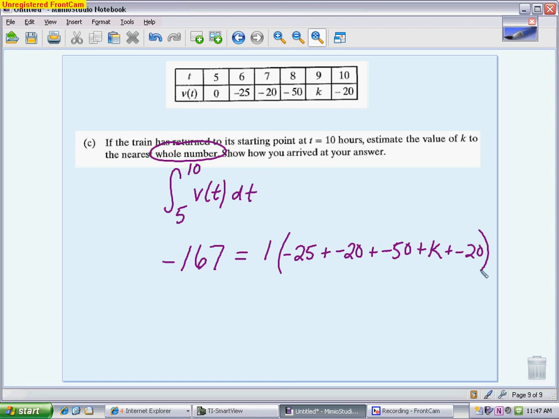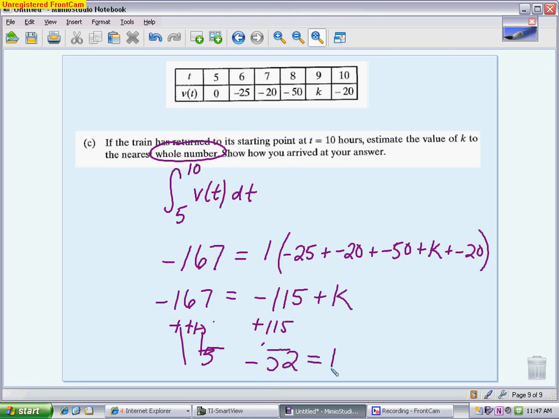I added them all together, and I got negative 115 plus k equals negative 167. Then I added 115 to both sides, and I got negative 52.